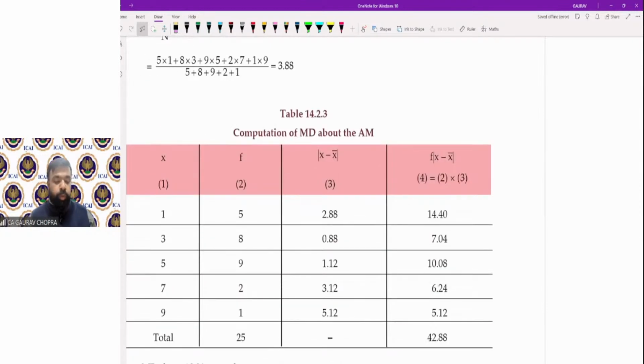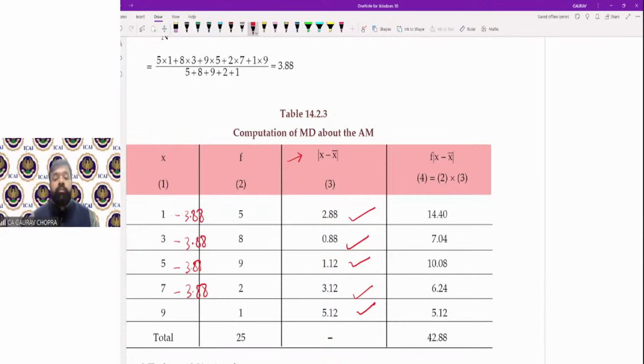Okay. Now the next step is to take the deviation, mod of x minus x bar. So 1 minus 3.88 gives 2.88. 3 minus 3.88 gives 0.88. 5 minus 3.88 gives 1.12. 7 minus 3.88 gives 3.12. Then 5.12. So this is mod of x minus x bar.